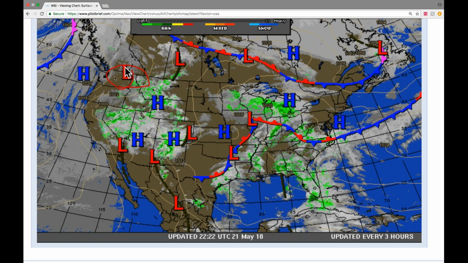So you can see here, here's our low pressure, right? It's converging with this high pressure over the ocean here. But this pressure system is bringing in that polar maritime air, okay? So it's going to be moist, but it's not going to be saturated to the point that it starts precipitating, basically.